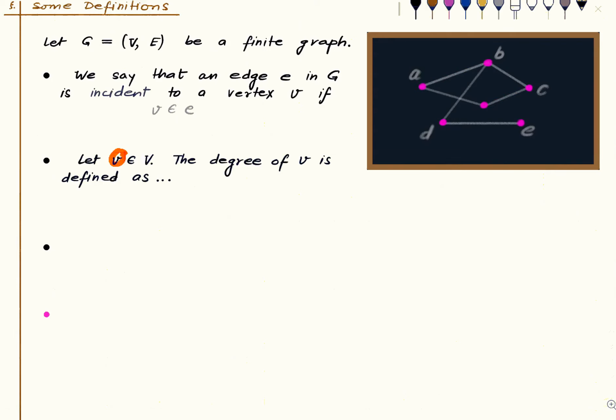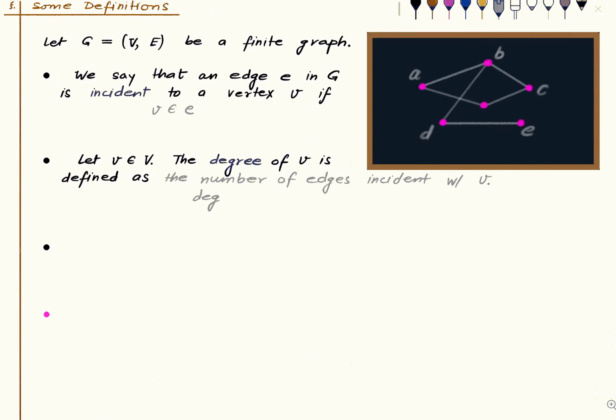For a vertex v in the graph, the degree of the vertex v is defined as the total number of edges which are incident with it. That's the definition of degree, and it has a notation: we write deg(v).